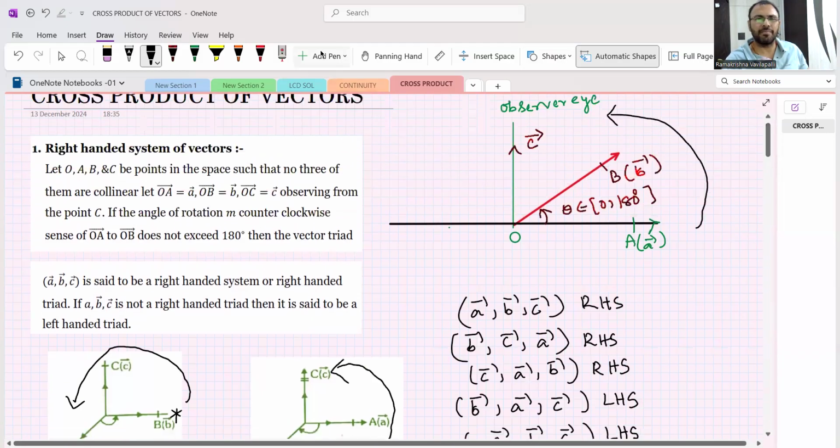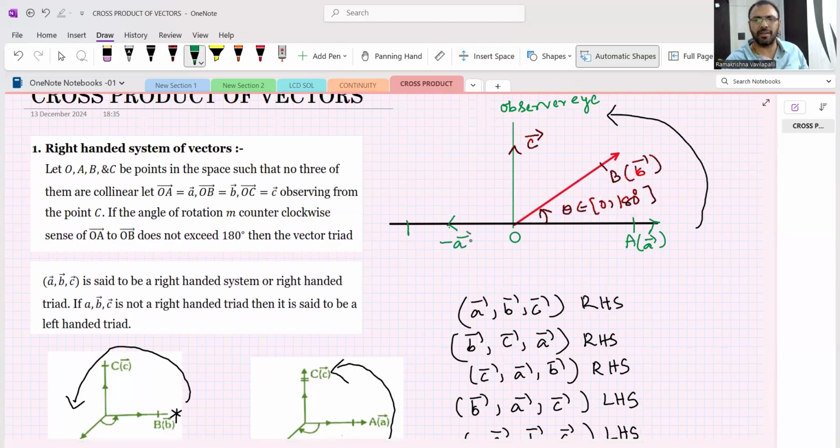You see that this is the A bar, this is the minus A bar vector. Minus A bar, B bar, C bar form a left-handed system of vectors.